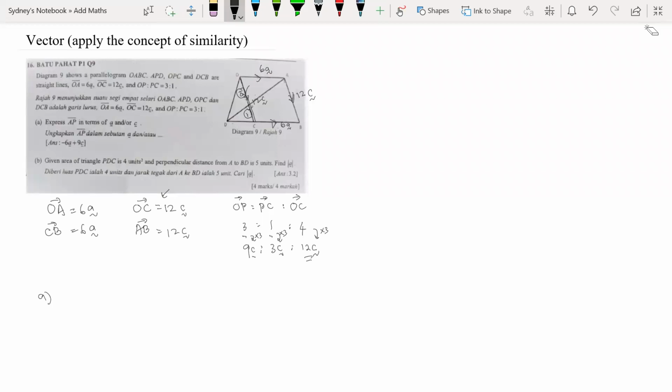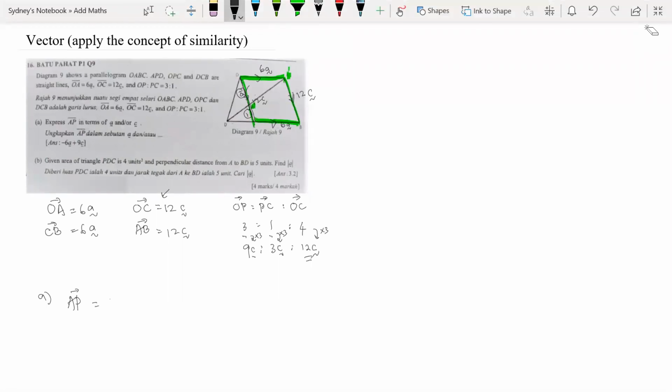So now we can solve AP. The vectors that they give us represent the existing path that we have. The rest we don't have. So how do I move from point A to point P? You follow the path.